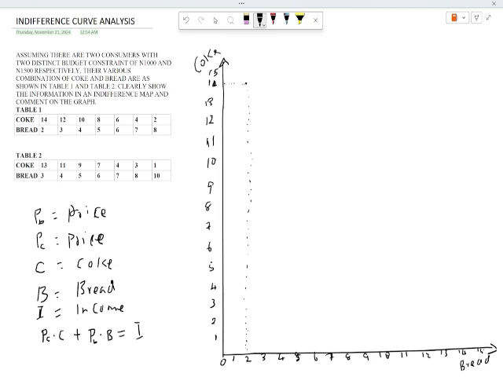I know it's not going to be easy to have it smooth, that's one of the issues, but then you get that. Then for 12 coke, there were 3 bread. Then when the coke is 10, we had 4 bread.